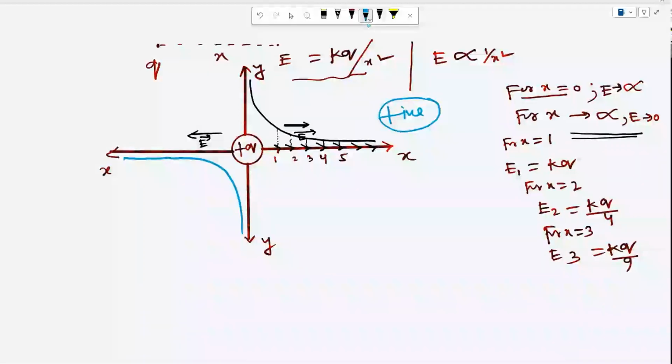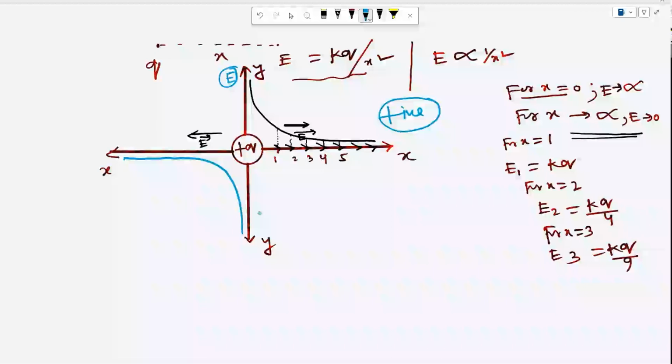So the same graph will be repeated in the third quadrant. This time due to a single point charge, electric field will be radially outward. The graph will lie in the first quadrant or in the third quadrant. Here electric field you have taken along y-axis. Here it is positive but decreasing value. Here it is negative, strength is decreasing. So that's why graph will be like this.